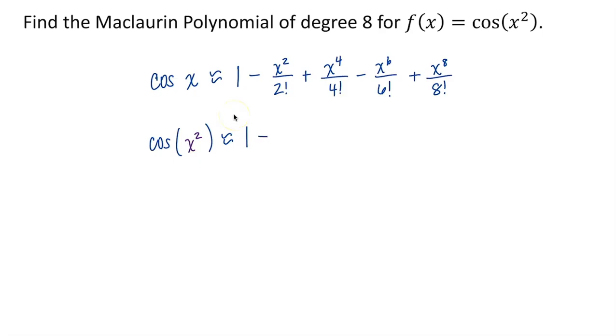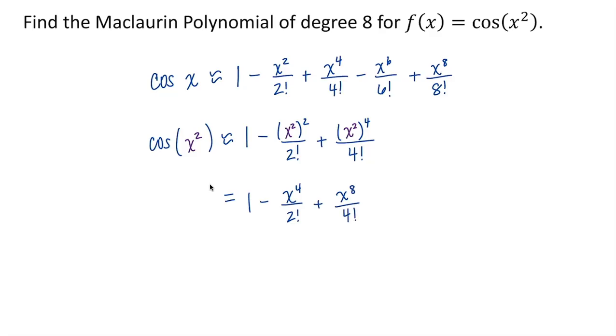And then I'm going to have minus, so instead of x being squared, we're going to have x squared squared over 2 factorial. Plus, instead of x to the 4th, I'm going to have x squared to the 4th over 4 factorial. And I actually get to stop already because here we are going to multiply the exponents together. And what we're going to end up with is 1 minus x to the 4th over 2 factorial plus x to the 8th over 4 factorial.